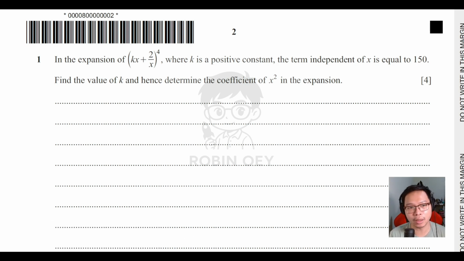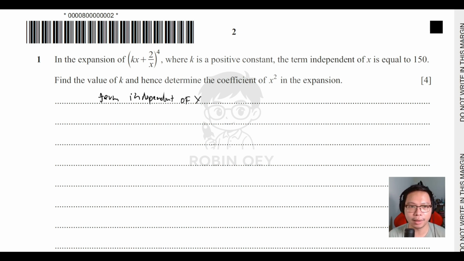Okay, so first we need to find the term independent of x. Independent of x means that there is no variable x.